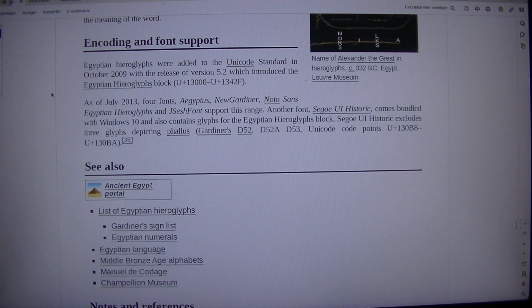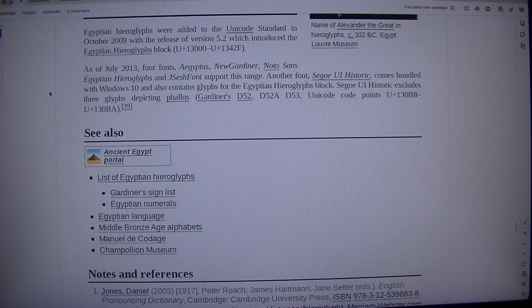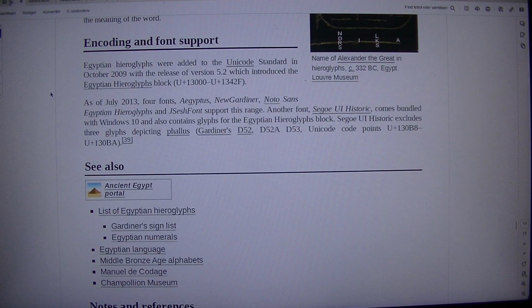Encoding and font support. Egyptian hieroglyphs were added to the Unicode standard in October 2009 with the release of version 5.2, which introduced the Egyptian hieroglyphs block, U+13000 to U+1342F. As of July 2013, four fonts, Egyptus, New Gardiner, Noto Sans Egyptian Hieroglyphs and Aegyptus, support this range.